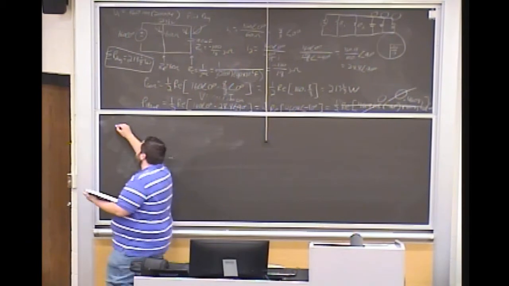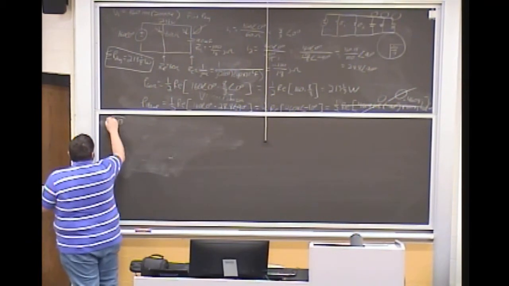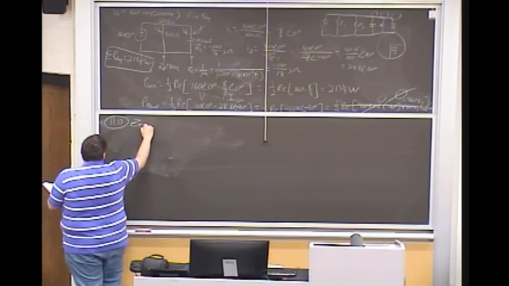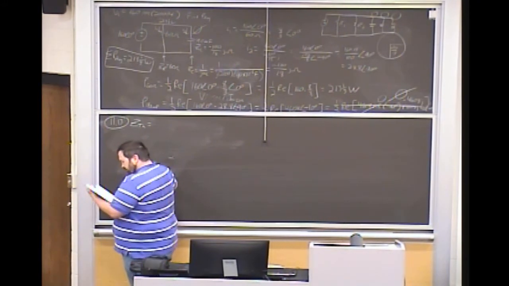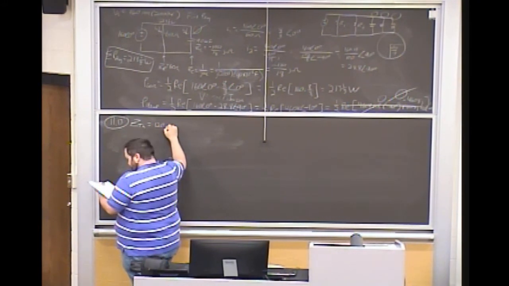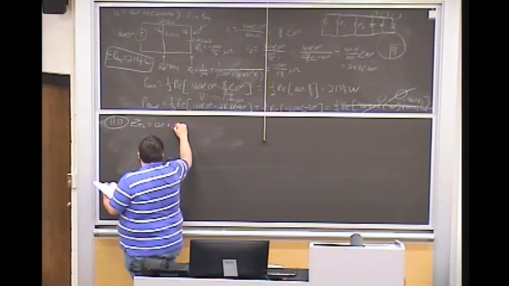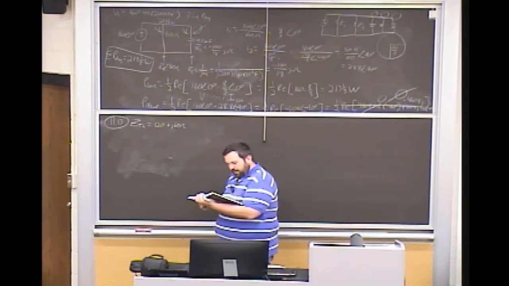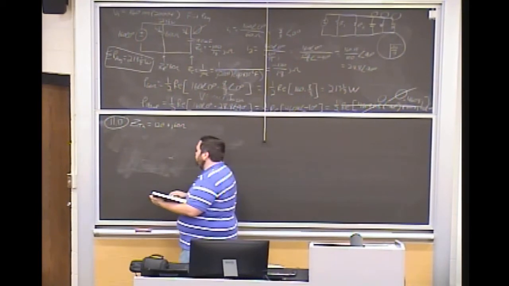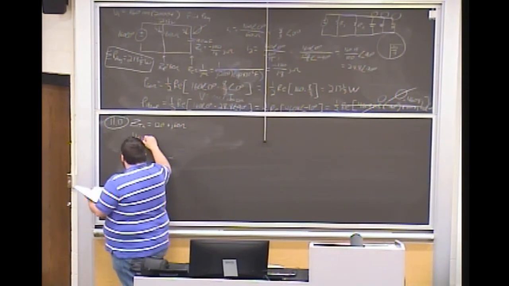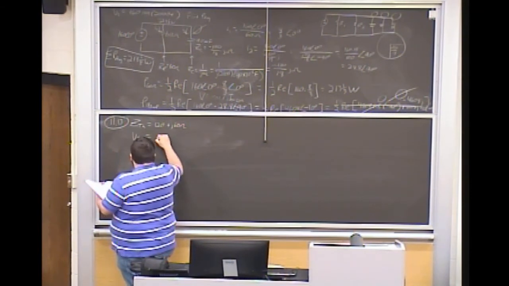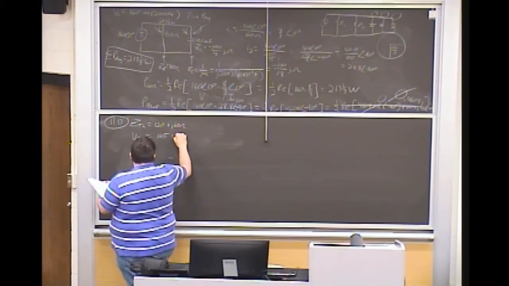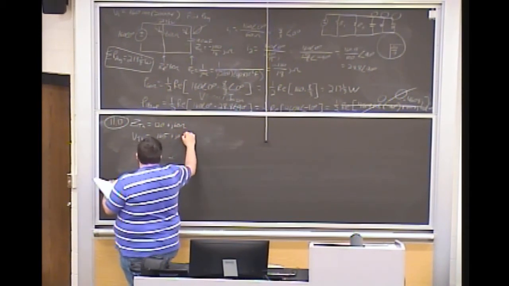This is 11.13. ZTH is 120 plus j60 ohms, and the peak Thevenin voltage, VTH, is 165 plus j0 volts.